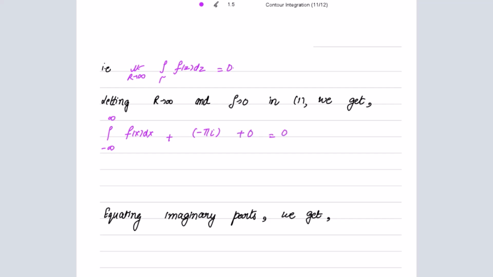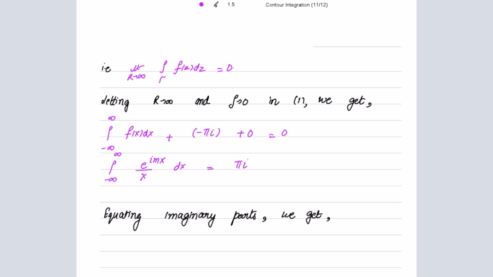So this is equal to 0. What is f(x)? It is e to the power iota mx over x, now in terms of x, dx, taking this pi iota to the other side.